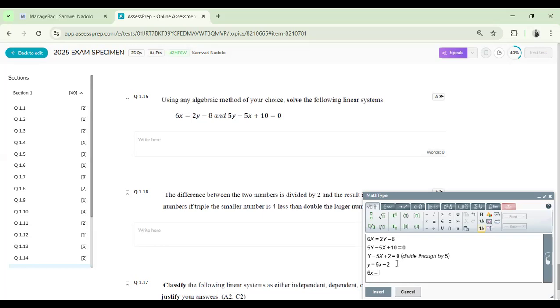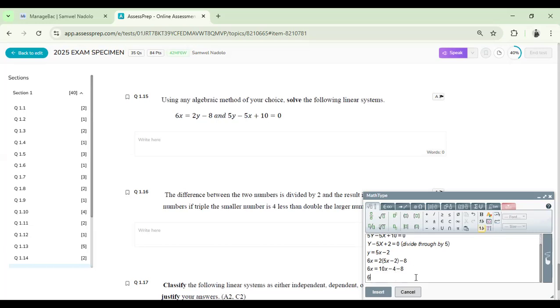6x is equal to 2y minus 8. I'm substituting the value of y I've obtained into the other equation up there. So 2y minus 8. After you write that, you can open your bracket. This should be 10x. 2 times 5x is 10x. 2 times minus 2 is minus 4. And then minus 8.